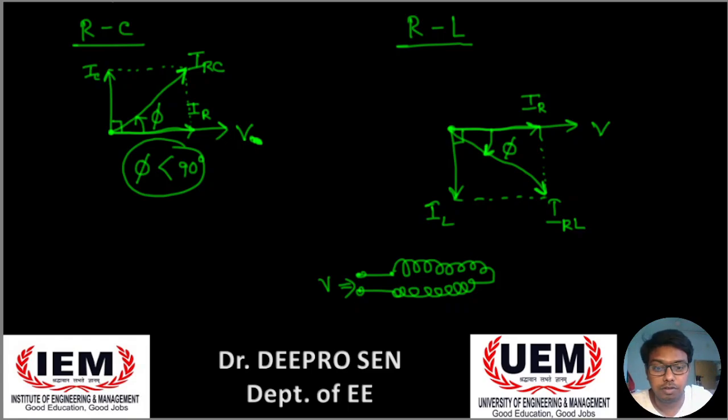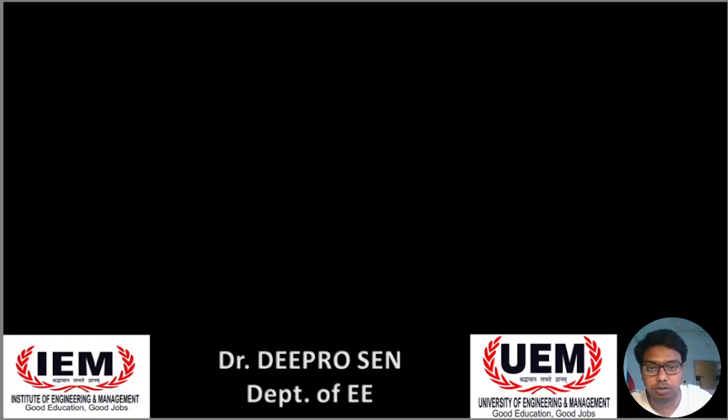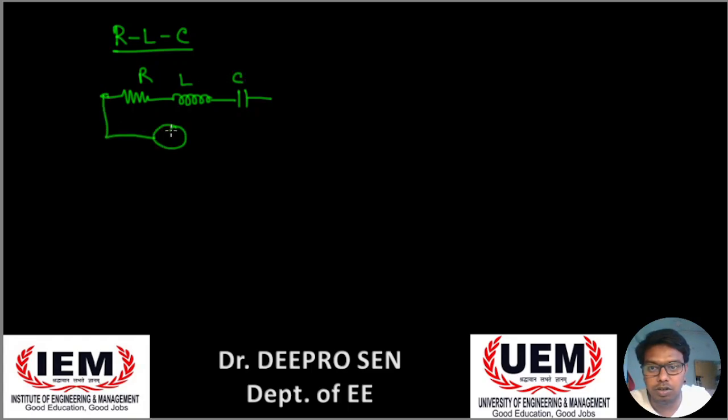So now for the last part of today's video, I'll just show you quickly how a circuit which is RLC, that means all the three components present in series, works, or how the phasor diagram happens as per their capacity. So this is R, this is L, and this is C. If all three of these are connected in series with a voltage source, then obviously the current will be I in RLC.